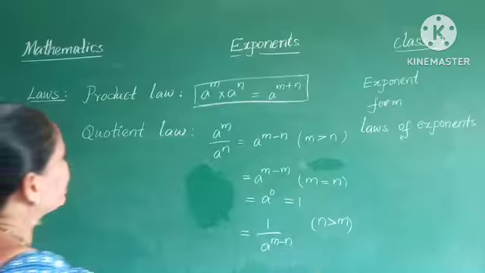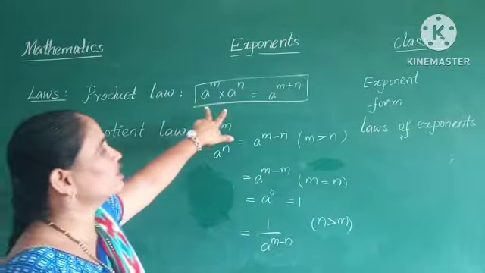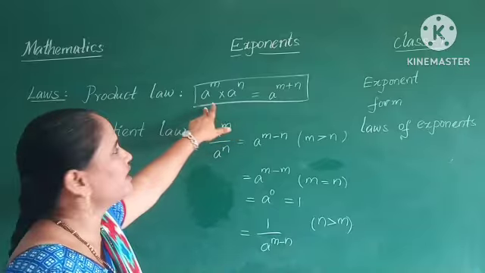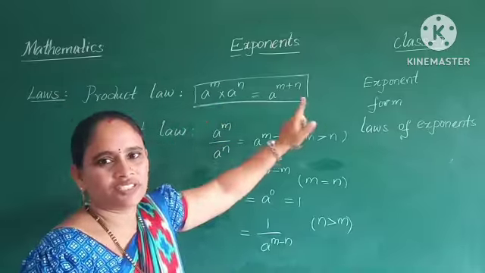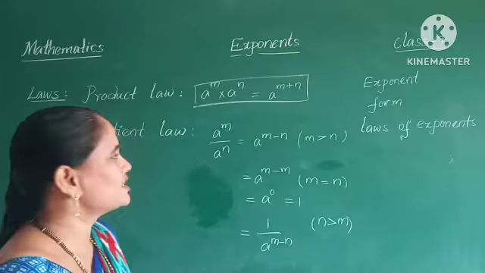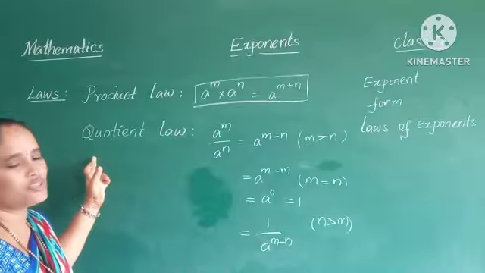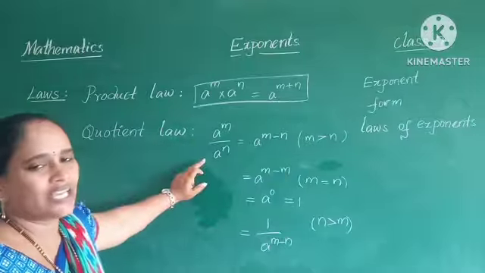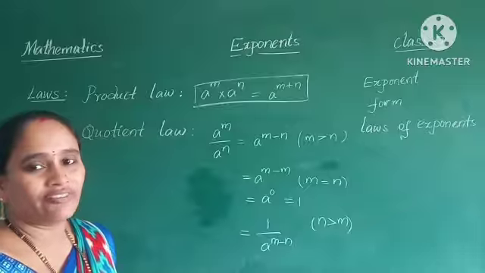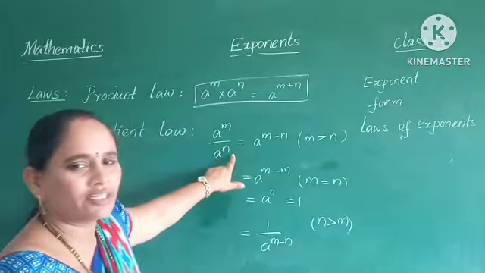Once again I repeat, the first law is product law. When the exponents' base is equal and we are multiplying, then we have to add the powers. A power m into a power n is equal to a power m plus n. The next, second law, is quotient law. A power m by a power n, when the base is same and we are dividing the exponents, at that time we have to subtract the powers.